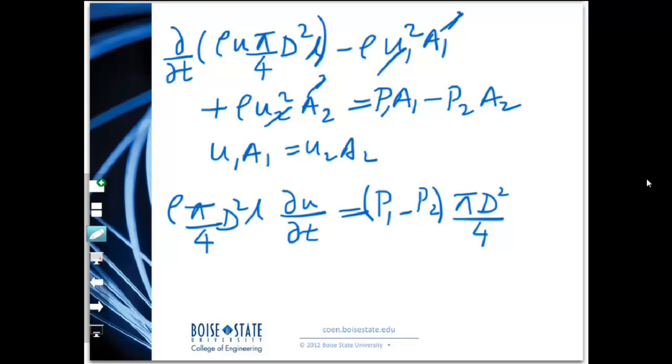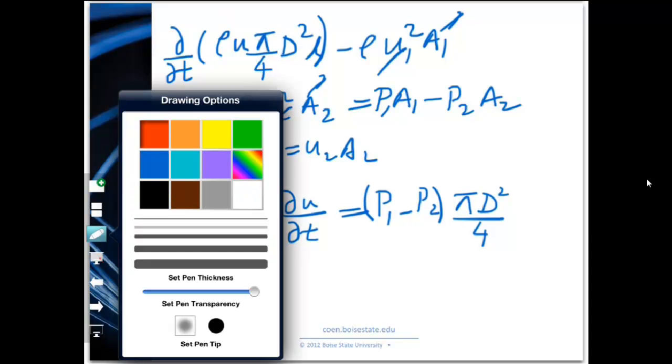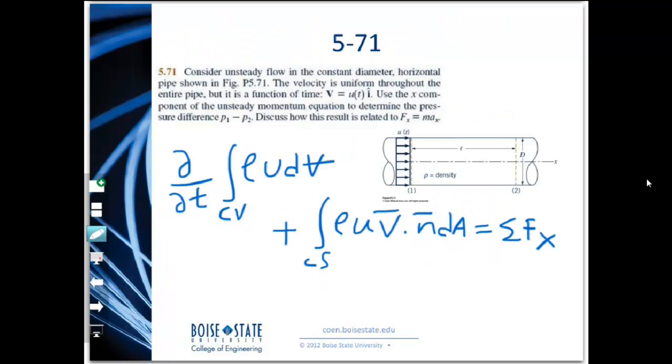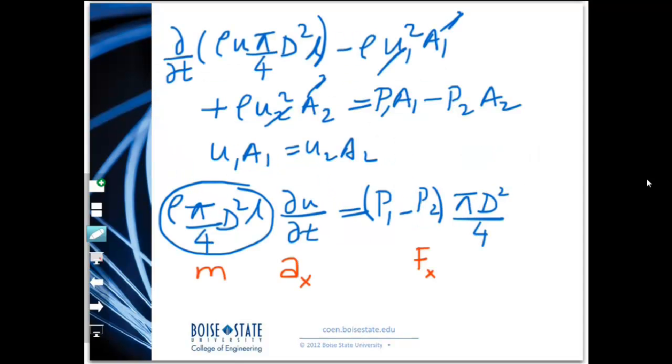At this point you can see that the dimensions of this would be the dimensions of mass, right, kg per meter cube times the volume meter cube, so kg. ∂u/∂t is acceleration, and pressure times area is a force, and that's exactly what we are asked to relate, and that's what we get.